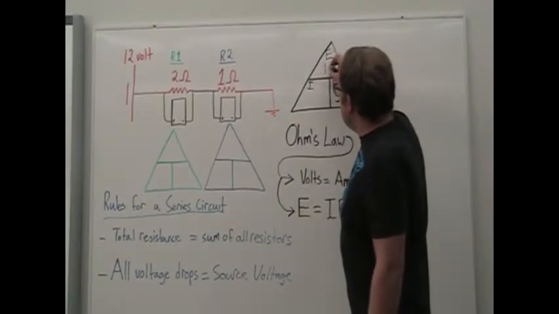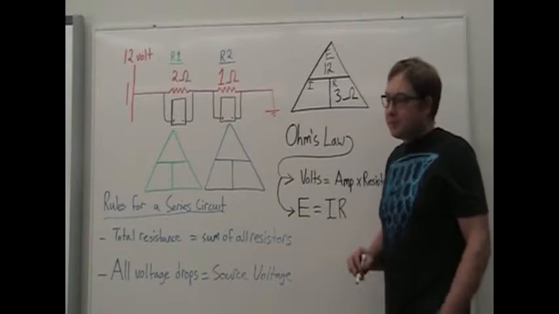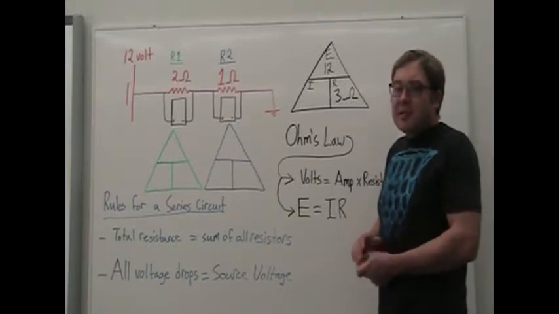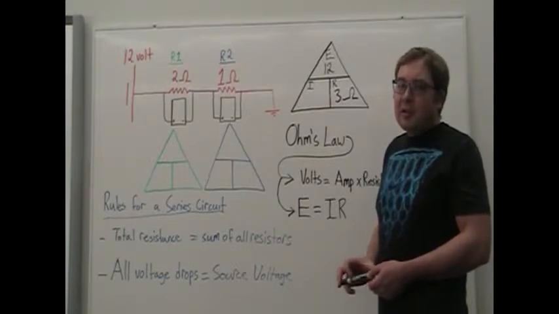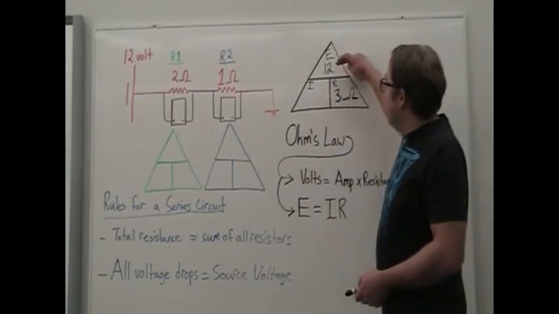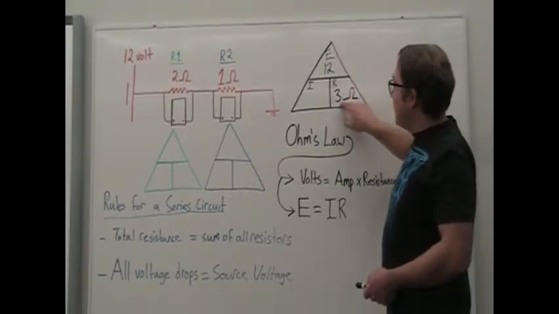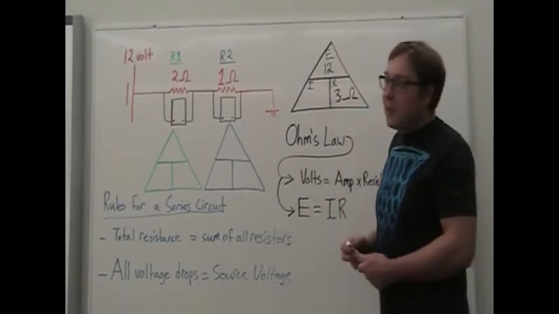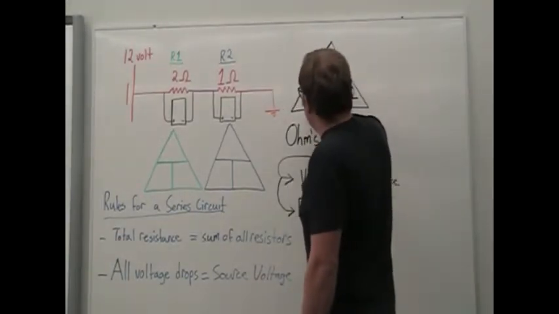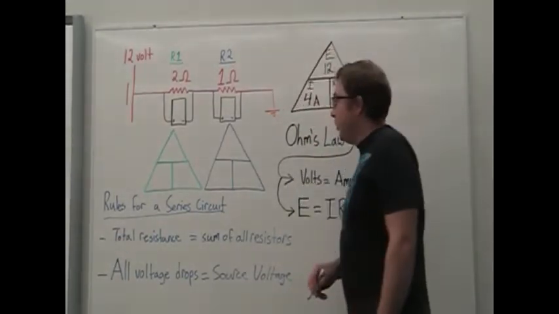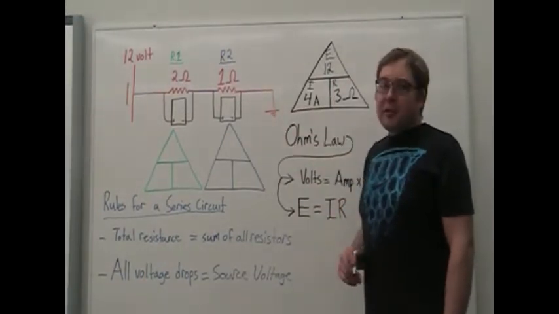So we can simply put 12 volts up on the top there. As I said previously, we need at least two pieces of information in our triangle to complete it, and it's quite simple. We go 12 divided by 3 is going to give us 4 amps. So there's 4 amps of current flowing through this circuit.